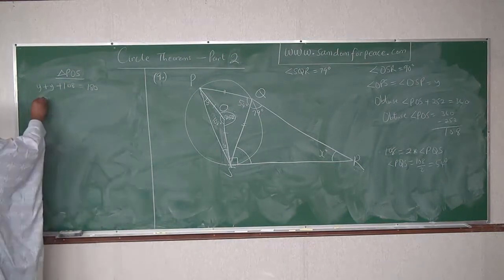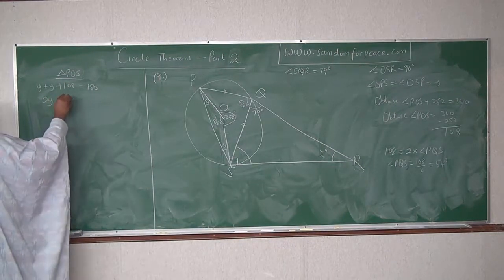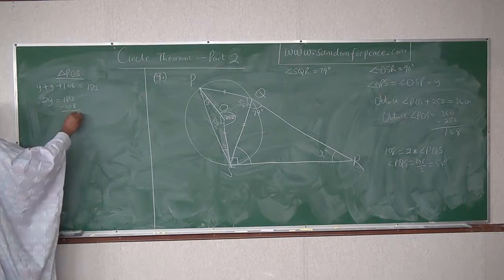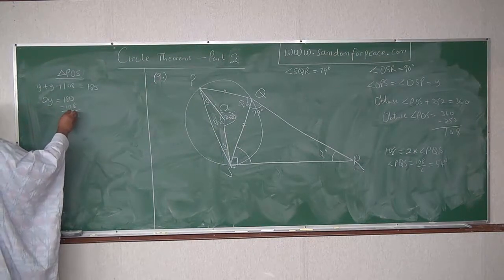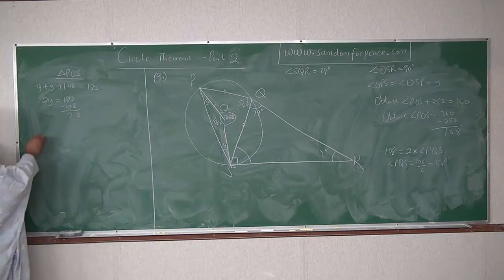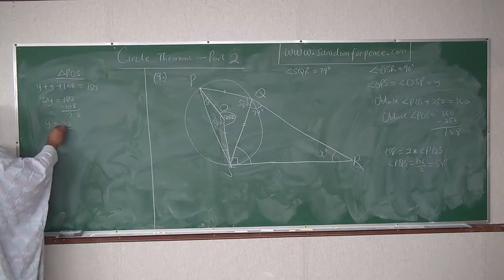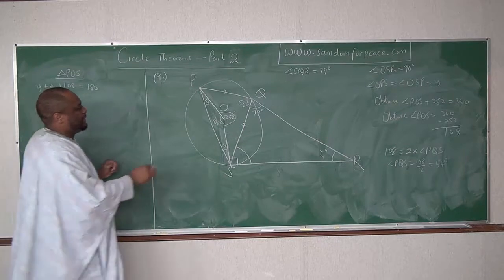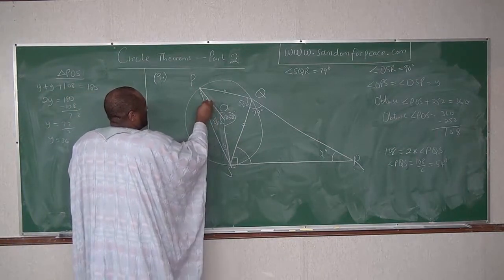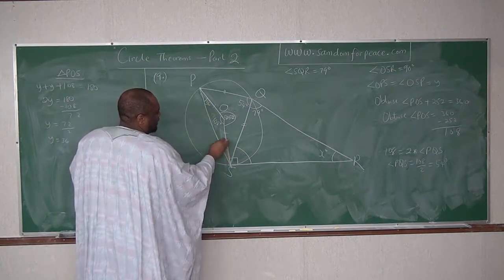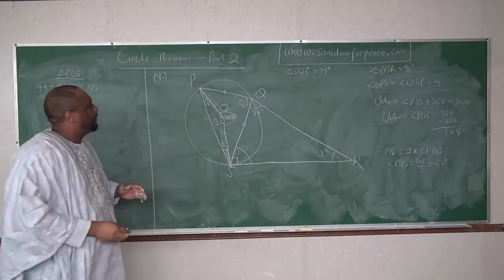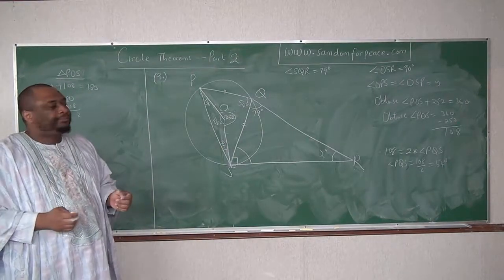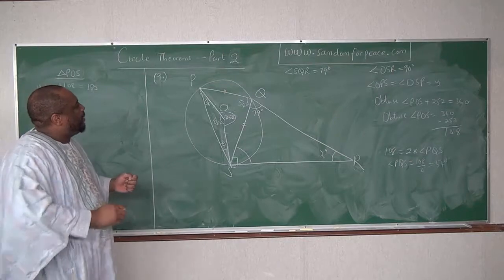So 2y is 180 minus 108, this is 72. So y is 72 over 2. Y is 36. So this is 36 here, and this is 36.